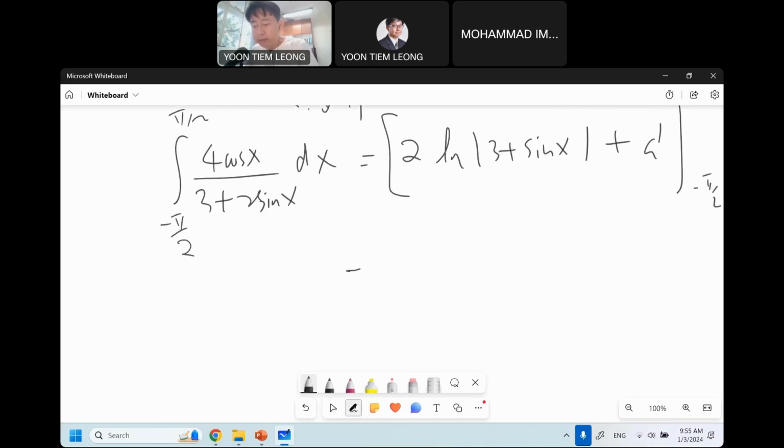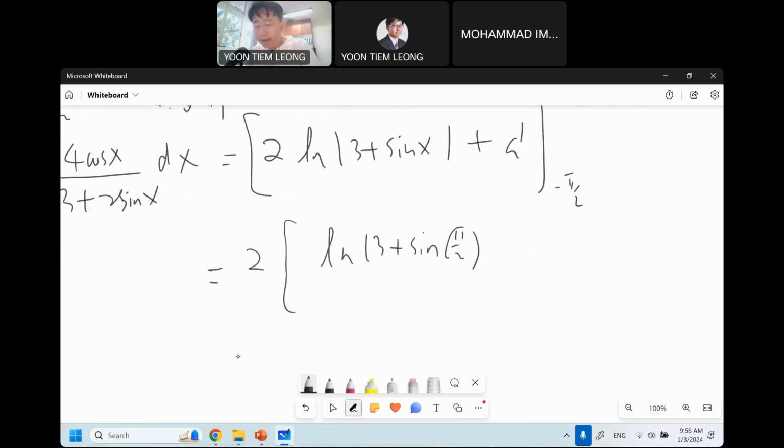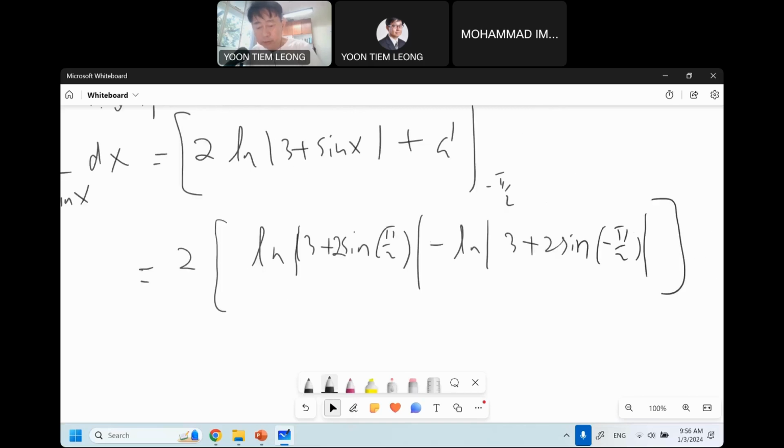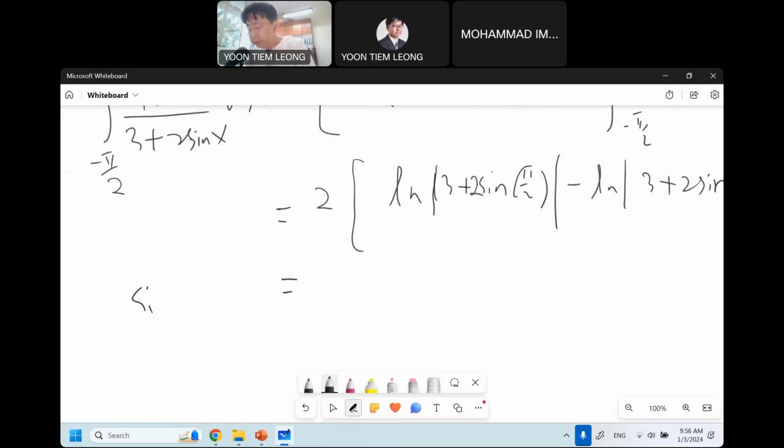That can be easily calculated to be 2 times the log of the absolute value of 3 plus 2 sine of pi over 2, minus the log of the absolute value of 3 plus 2 sine of minus pi over 2, and then I close the square bracket. Now sine of pi over 2 is sine 90, which is 1.